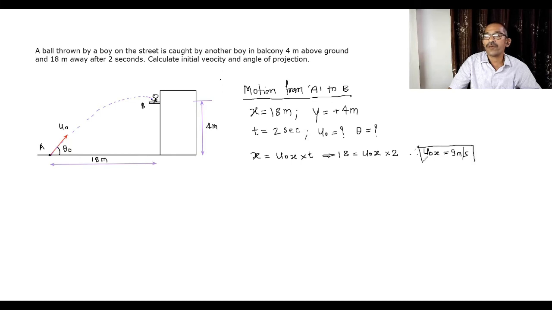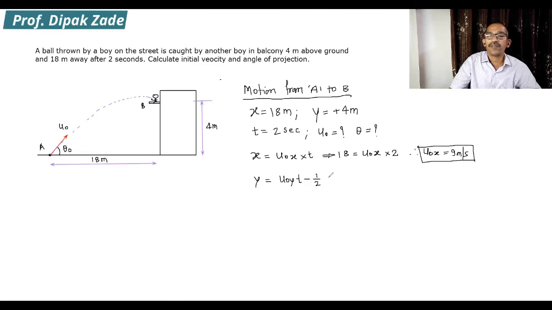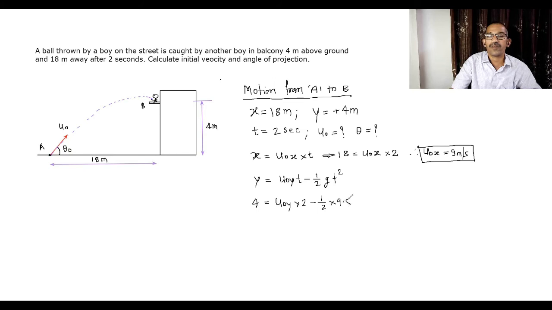Now we have to find the vertical component of velocity. Applying the equation of y: y equals u0y t minus half g t square. y is 4 meter, u0y is unknown, time t is 2 seconds, minus half into 9.81 into 2 square.